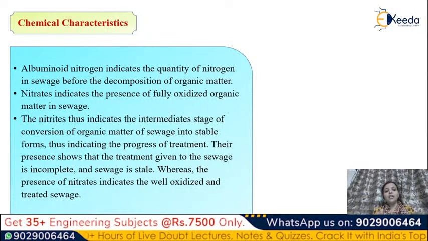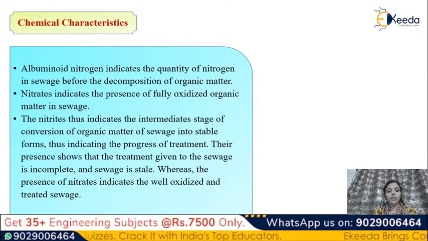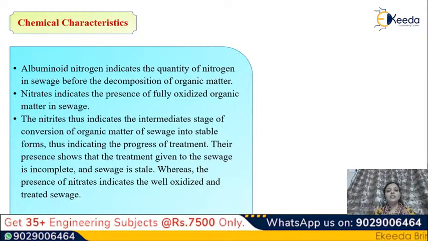In between that stage there will be the presence of nitrites, and these are very dangerous. Thus they indicate the progress of treatment. Their presence shows that the treatment given to the sewage is incomplete and the sewage is stale, whereas the presence of nitrate indicates well oxidized sewage.